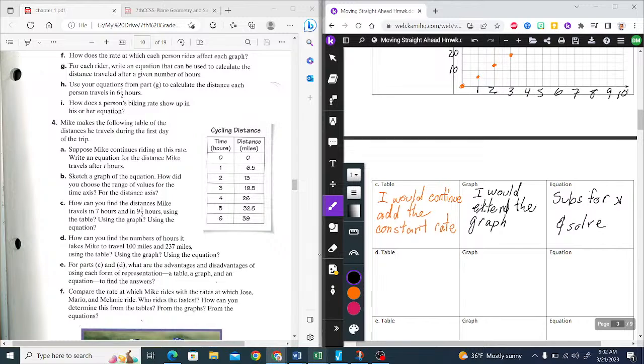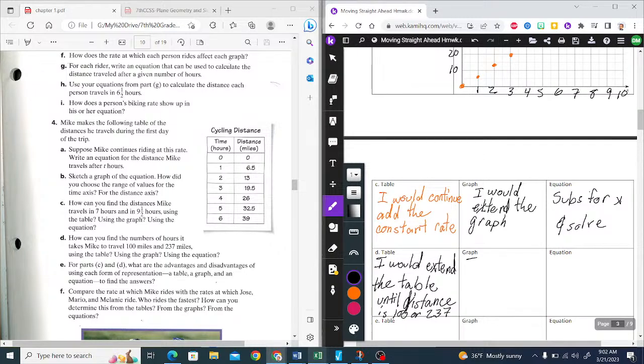Now the next one says, how can you find the number of hours it takes Mike to travel 100 miles and 237 miles using the table? I would extend the table until y, or distance, is 100 or 237.